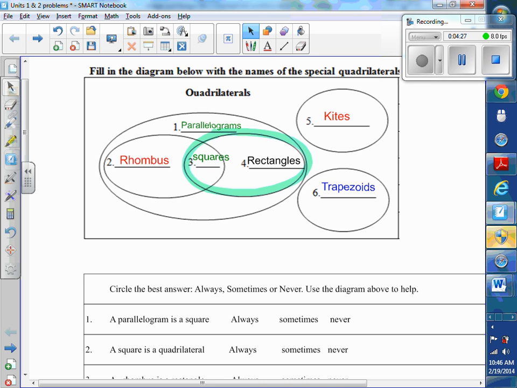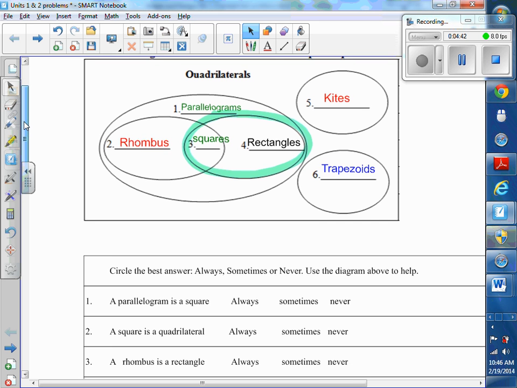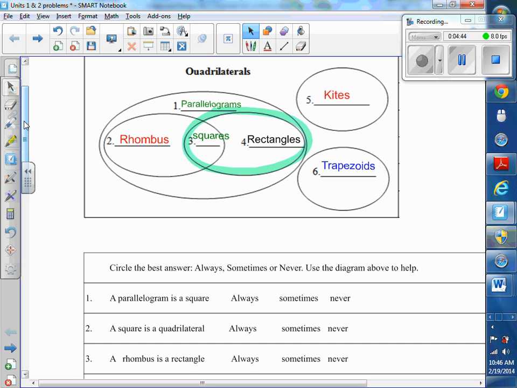So, Tyson, can a rhombus be a square? Sometimes, right? A rhombus with right angles is a square. Okay. So, can a parallelogram be a square? Yes. Always? Sometimes. Can a quadrilateral be a trapezoid?